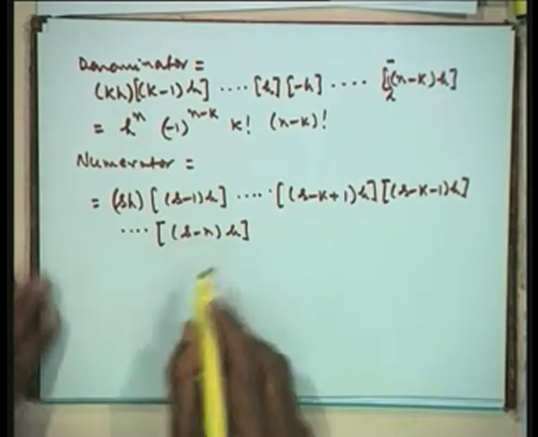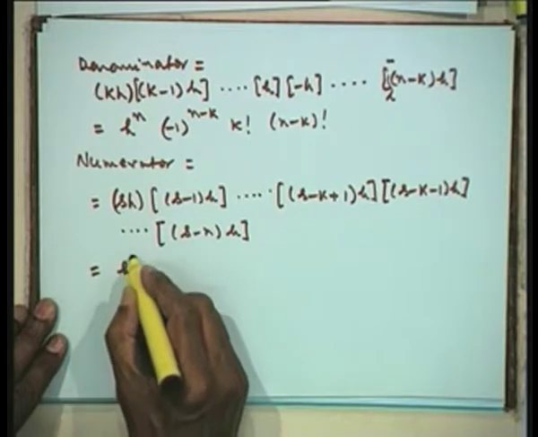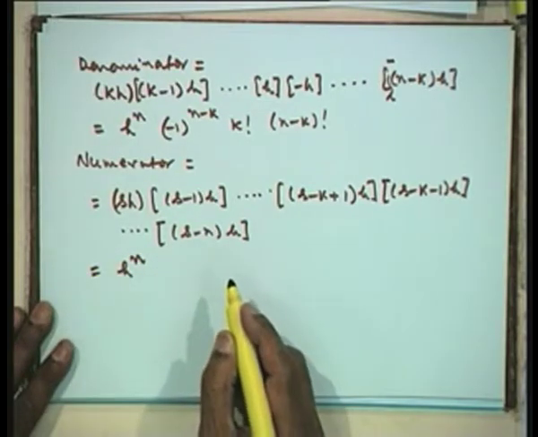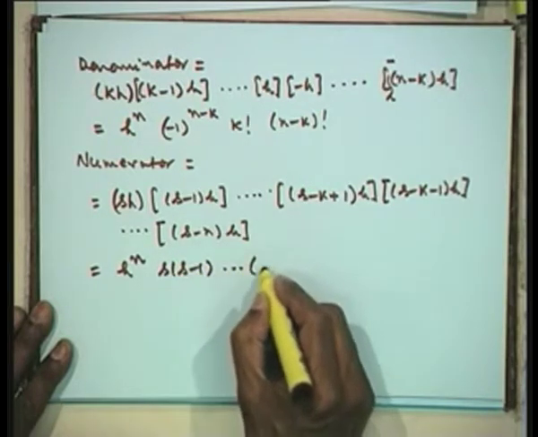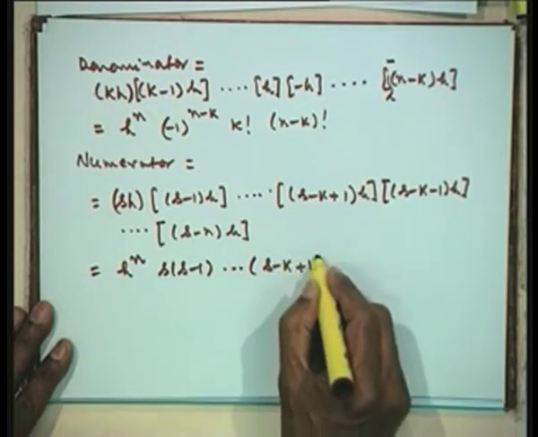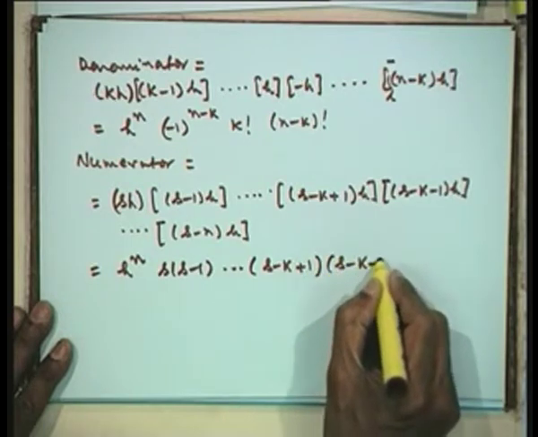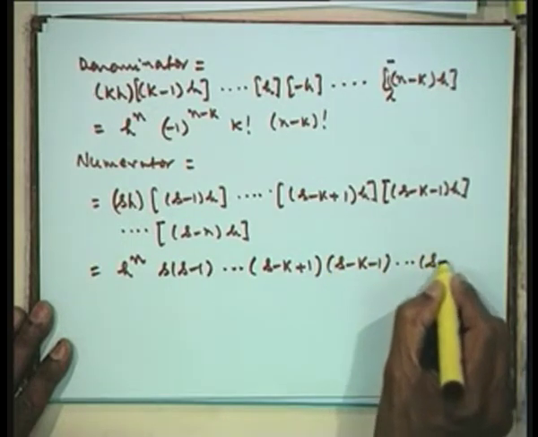Number of terms are n, therefore, I will have here h to the power of n again, and the remaining is s into s minus 1, s minus k plus 1, s minus k minus 1, up to s minus n.